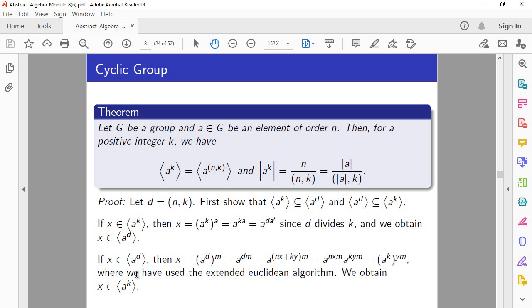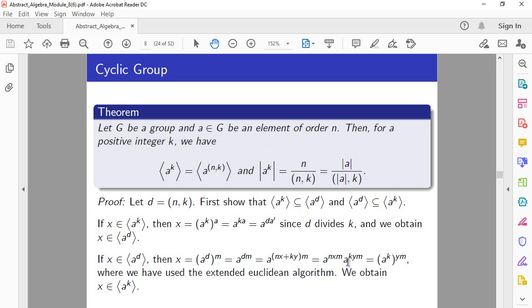If x is in the subgroup generated by a to the d, then x is some power of a to the d, so let's say a to the d to the m, which is equal to a to the dm. Now d being the GCD of n and k, by using the extended Euclidean algorithm, we can express d as a linear combination of n and k. So let's say d is nx plus ky. Then we can rewrite that as a to the nxm times a to the kym. Now a to the nxm is just the identity, because a to the n is the identity, n being the order of a.